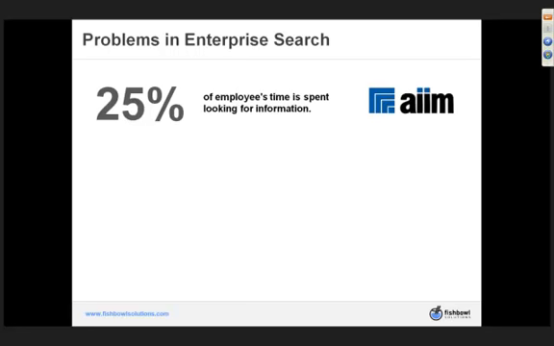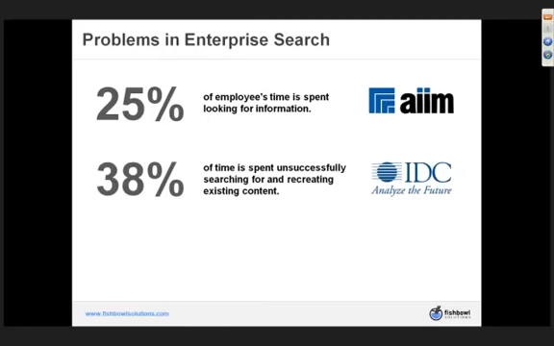So the problems that we face with WebCenter search, those aren't unique to just WebCenter. Those are things that are actually shared across a lot of organizations using a number of different systems to organize their content. In fact, quite a few analyst firms have done a lot of research on this topic of enterprise search. And some of the things they've found is employees spend between 25 and 38% of their time on unsuccessful search.